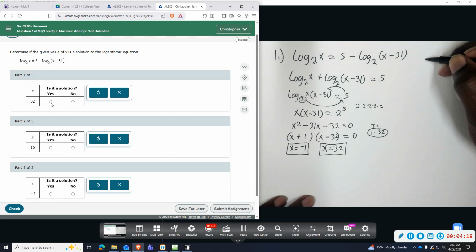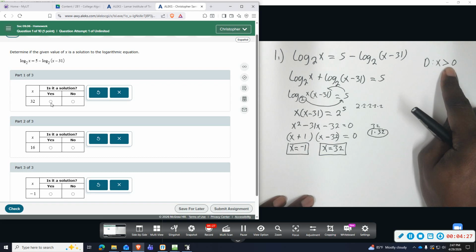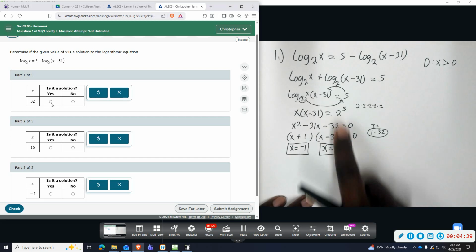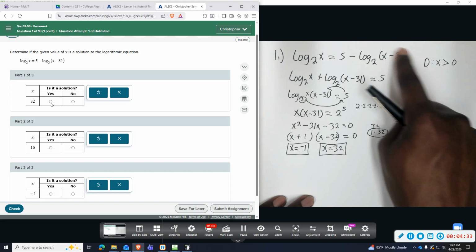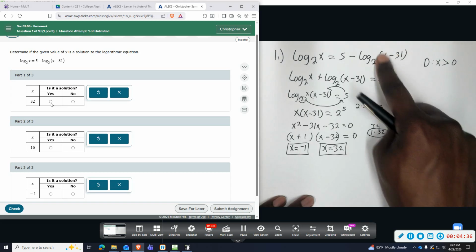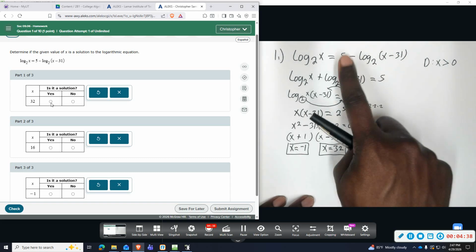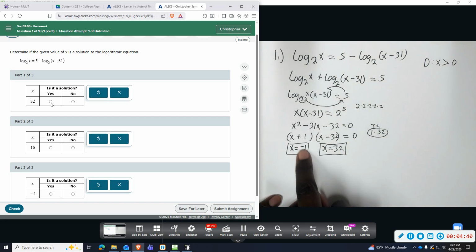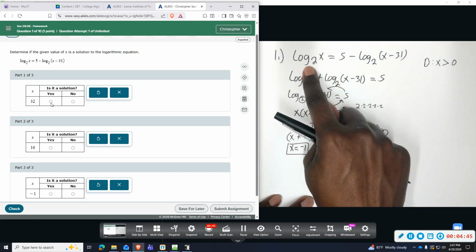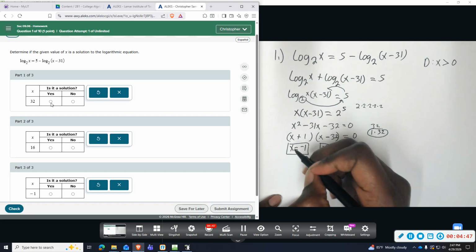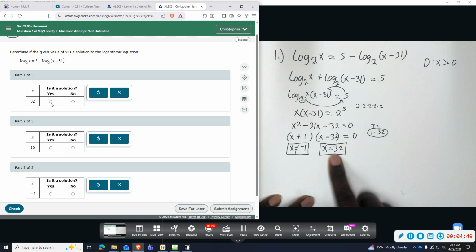The domain for a regular log is that x has to be greater than 0, so it has to be positive. If I plug 32 in, it's positive, I will get an answer. If I plug 32 in, the argument 32 minus 31 will be positive, I can get an answer. However, if I plug in negative 1 right here, it will not work, and so this will not be a solution. This is the only one.